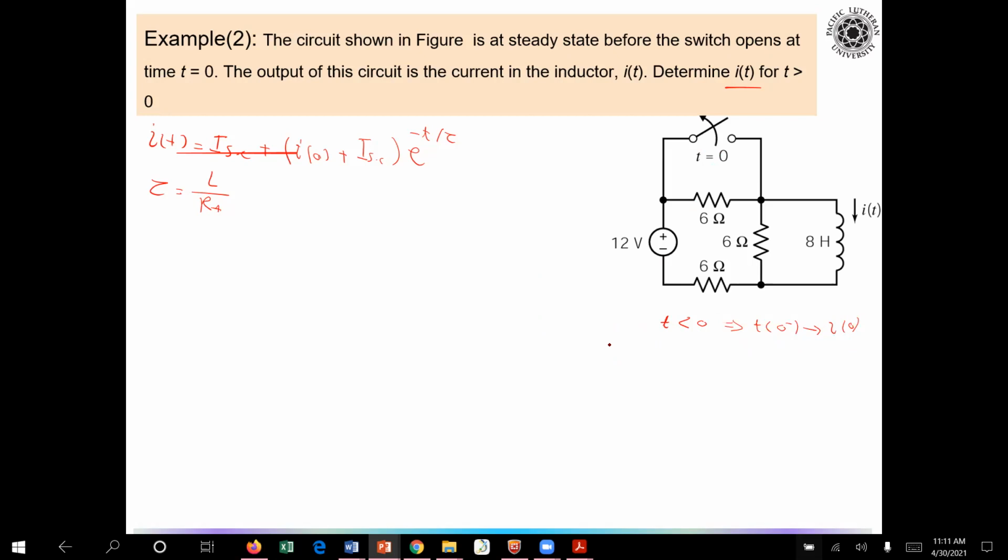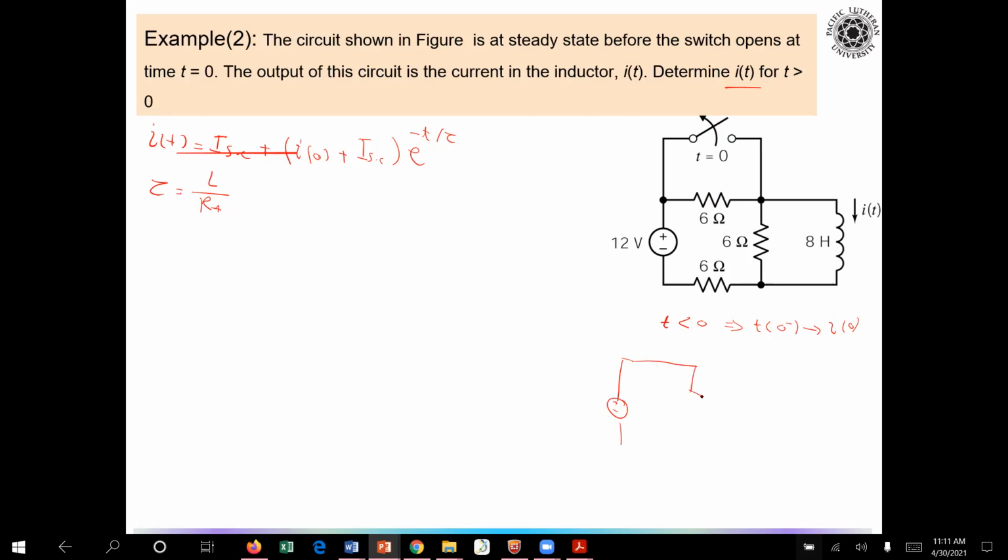Let's draw our circuit before opening the switch, how it looks, and we find our current from there. Here we have the voltage source. We have a short circuit here. Since the switch is closed, that cancels this resistor.